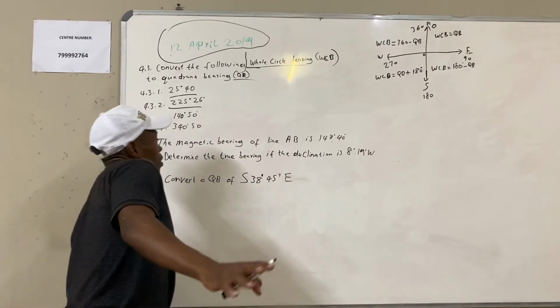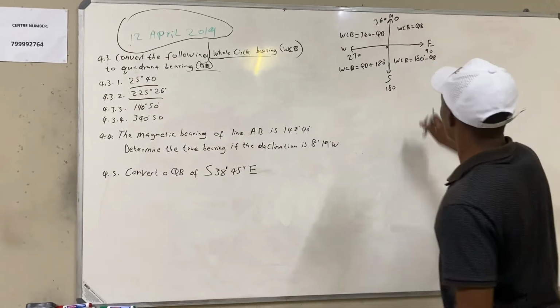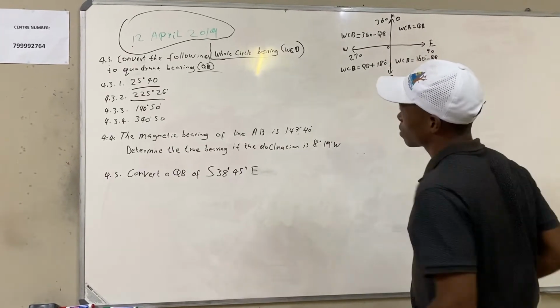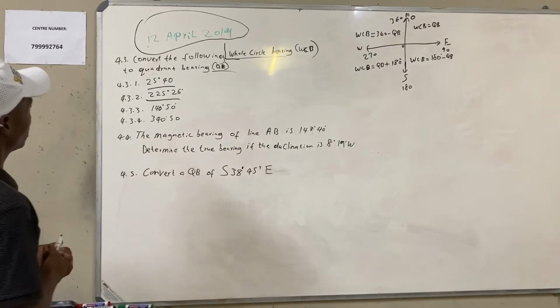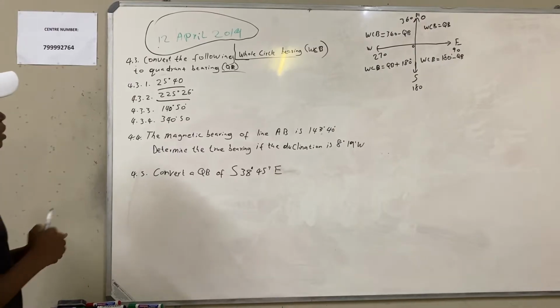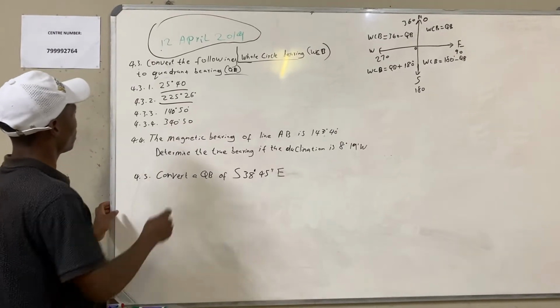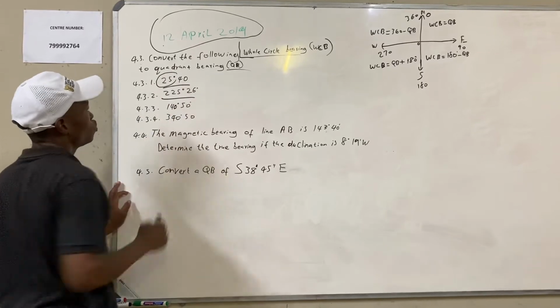So the question is, we're supposed to convert the whole circle bearing to the quadrant bearing.